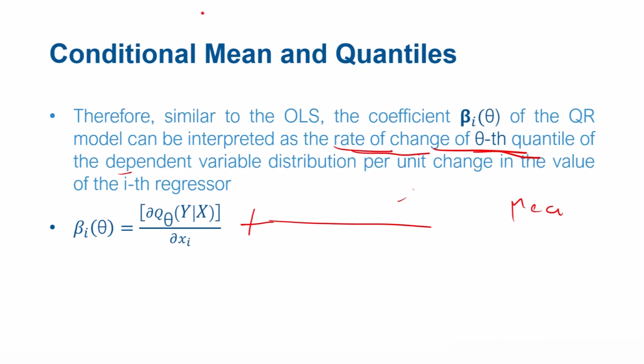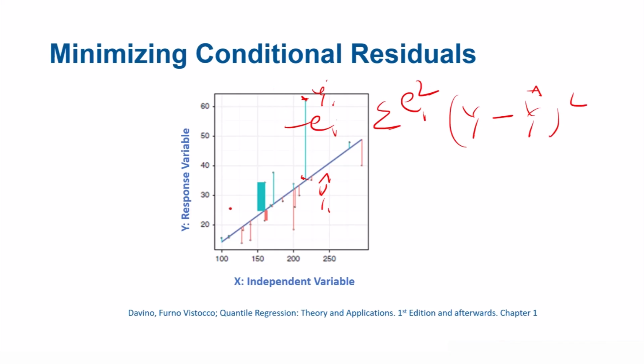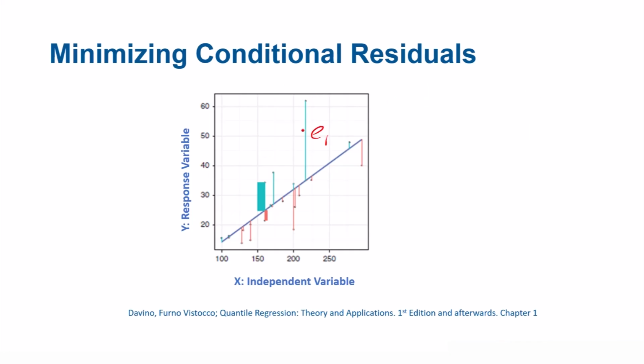Visually, earlier what we were doing, we were looking at error terms. For example, if this is your value of yi and this was your estimate through the conditional mean approach, then you would have done this square. So you were minimizing the square of this error term. Whatever this error is, we were minimizing the summation of these squares. Now we are minimizing the magnitude of these errors to get the median.